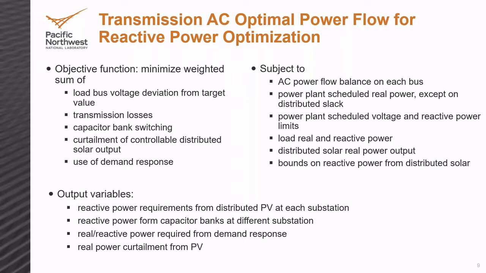These are mechanical switches, and we don't want them operating all the time because that will reduce their life expectancy. We want to avoid as much as possible curtailment of distributed solar, and the use of demand response could be a last resort because it's expensive.